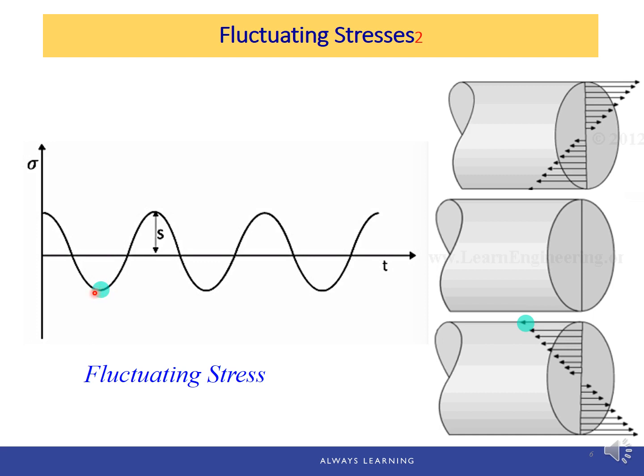Of course, we're just showing the 3 distinct positions, but the change between each 2 positions are continuous changes. So that's why we connect those 3 points and it looks like this. And the same cycle repeats again and again. This is the fluctuating stress, changes with time, and which is the root cause of the fatigue failure.